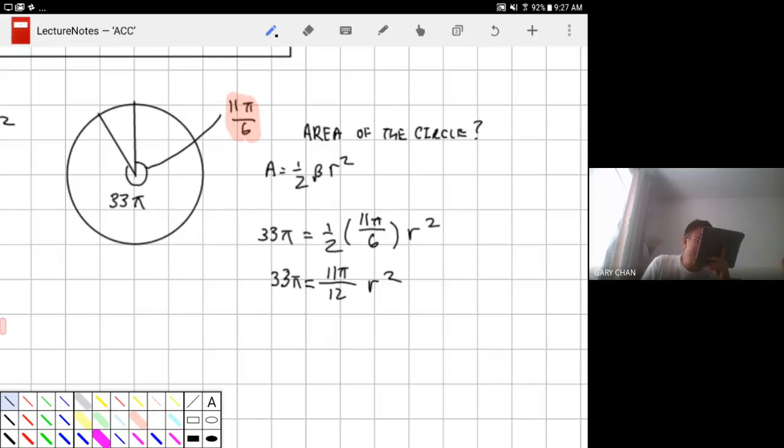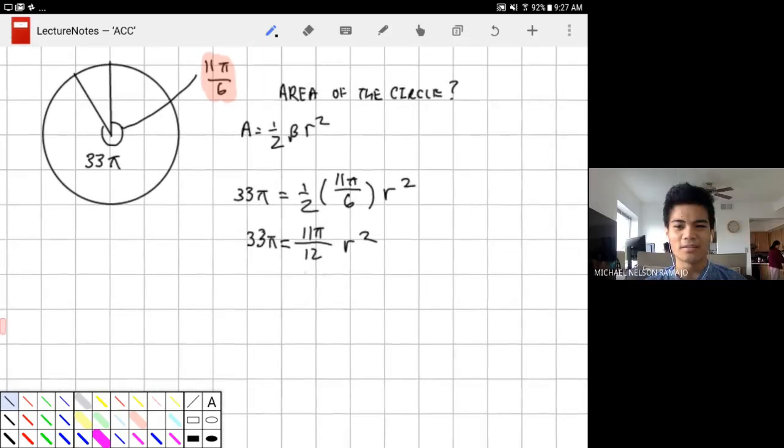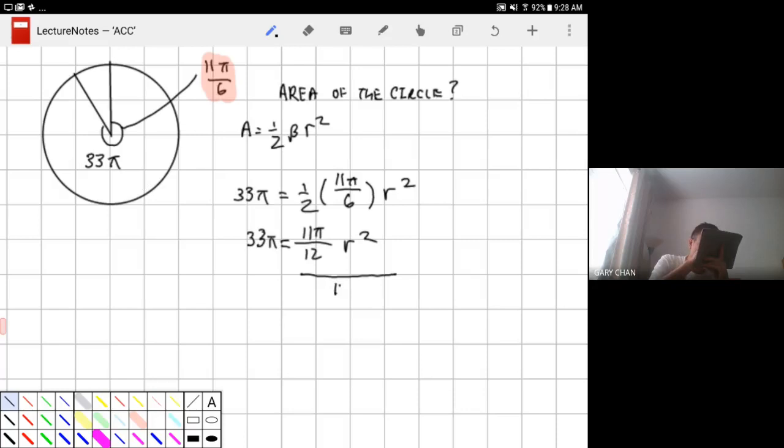All right, so at this point, we're going to need to divide both sides by 11 pi over 12. And this looks really scary, doesn't it? Yeah, it does. But don't be afraid. Mr. Chan is here. That's what you're doing, aren't you?